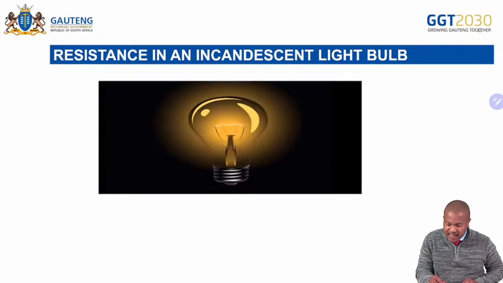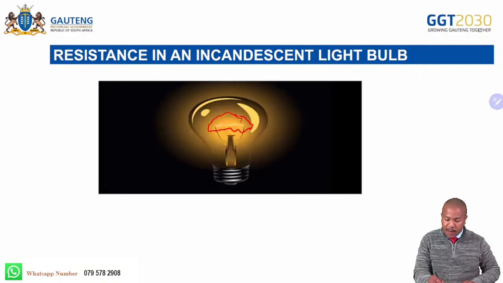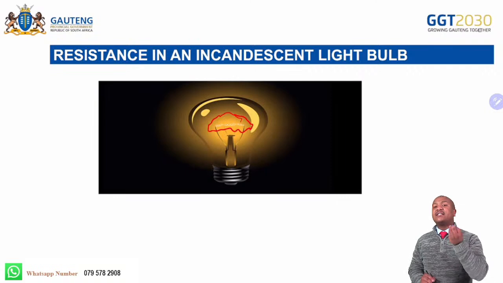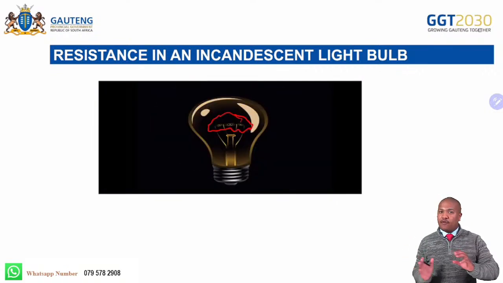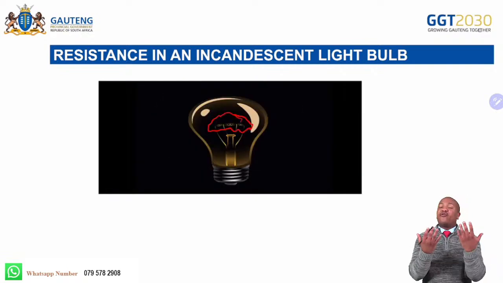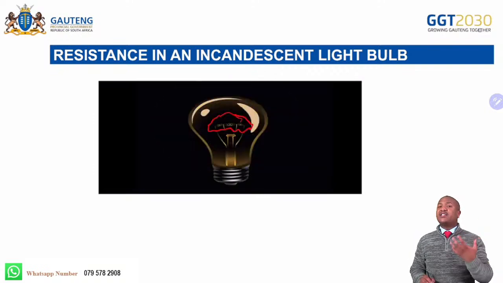So what happens? Here is the filament, that thin wire, which is made up of tungsten wire. That filament offers resistance to the electric flow. It opposes the electric flow. As a result, the energy is transferred into light and heat.